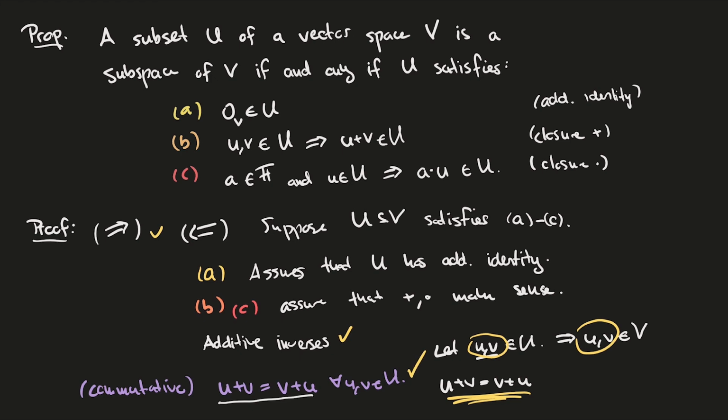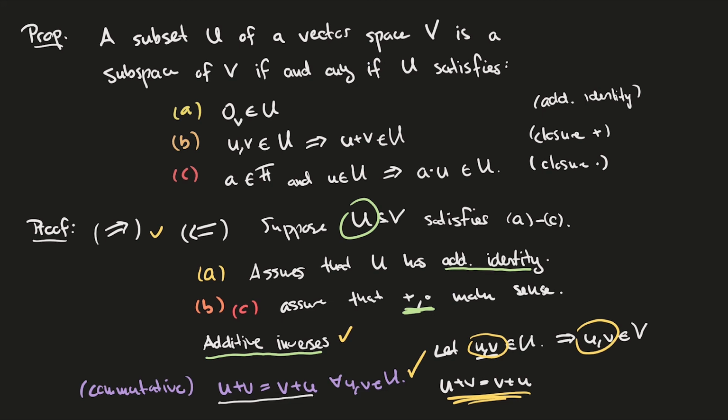To conclude, let's check that we remembered to get everything. In order for U to be a vector space, we need a set, which we already have, U, and we need two operations. And we saw that B and C make sure that the operations of addition and scalar multiplication make sense on U. Then we also need U to possess an additive identity, which we saw follows from A, and we also need U to have additive inverses, which we saw follows from A and from the closure of U under scalar multiplication.